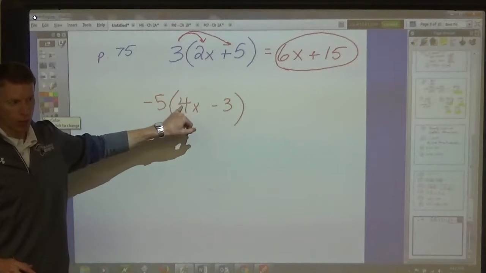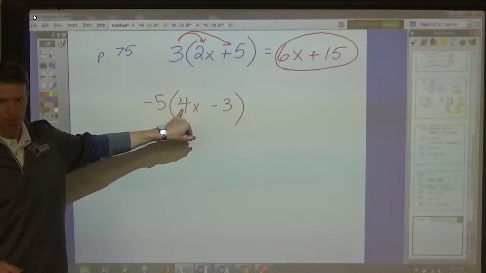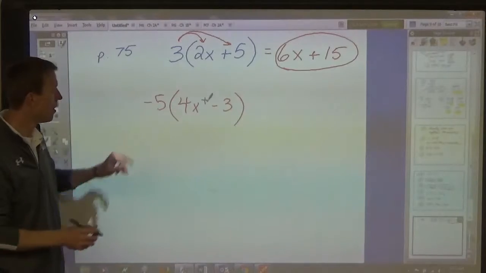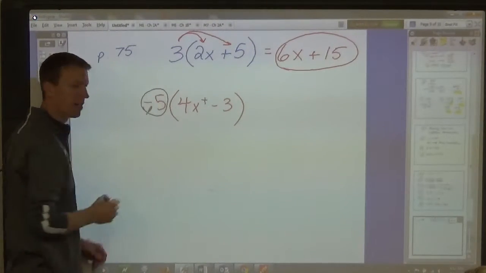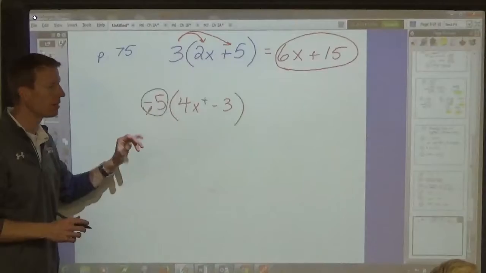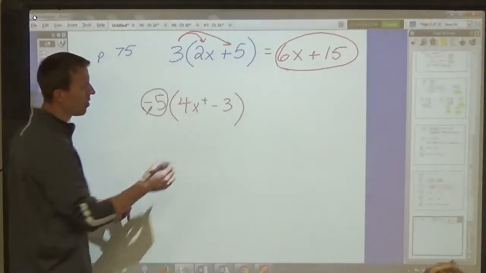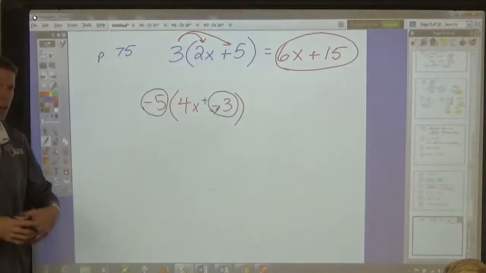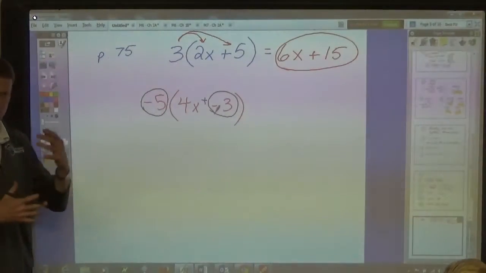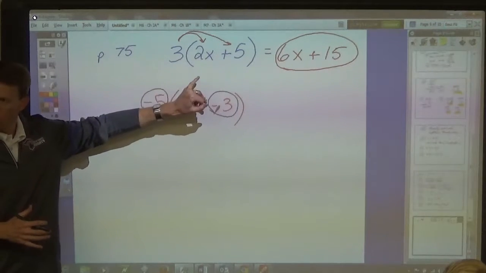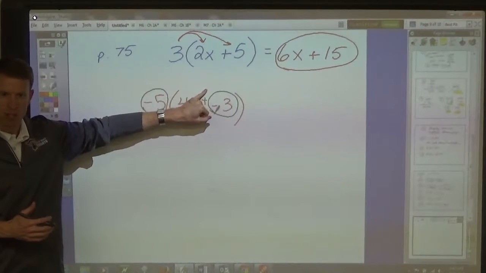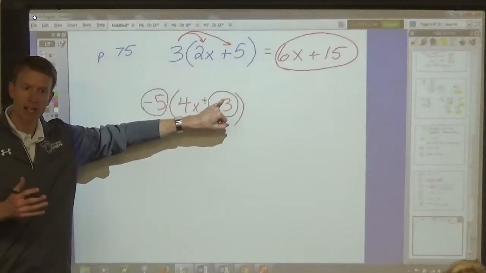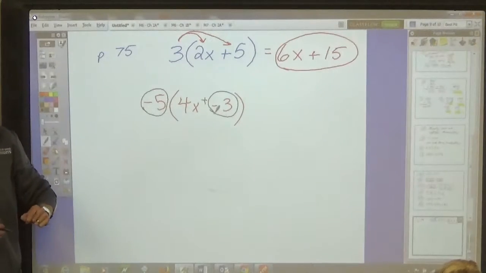And this is really important when you're using the distributive property. You have to insert the plus sign in front of the minus sign. You have to treat this as not +5 or -5, but as a -5. And you have to treat this number as a -3. That's why I've been teaching you, since we've been learning about negative numbers, that you should always put a plus sign in front of the minus sign, or change minus minus to just plus.